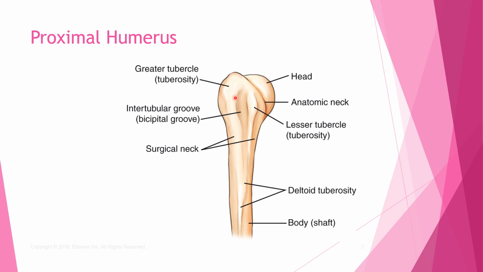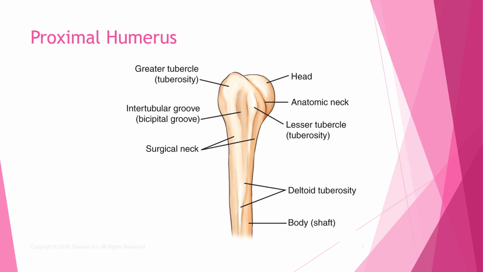The intertubercular groove or sulcus right here is the groove between the greater and lesser tubercle. And the deltoid tuberosity is where the deltoid muscle actually attaches. When we look at this, the lesser tubercle sits more anterior. The greater tubercle sits more posterior and lateral.